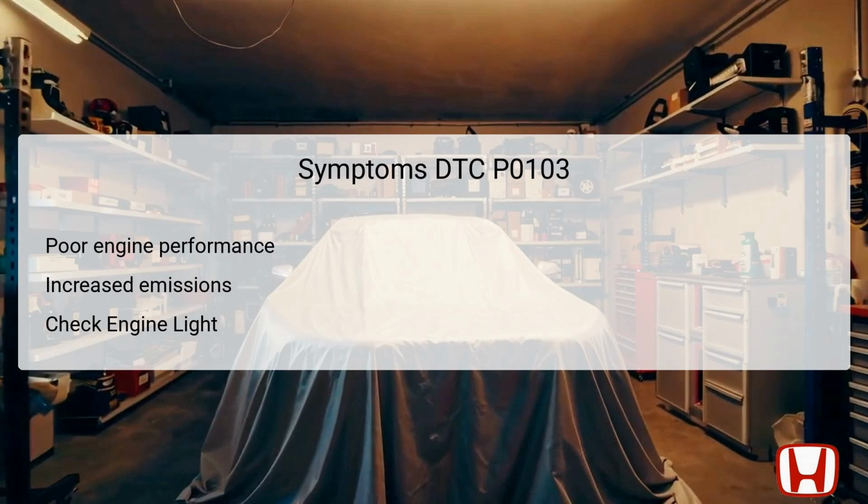The check engine light, CEL, will likely illuminate, alerting the driver to a malfunction in the engine management system. Other possible symptoms may include rough idling or elevated fuel consumption, as the engine struggles to achieve an efficient air-fuel ratio. Recognizing these symptoms early is essential to avoid further complications down the line.